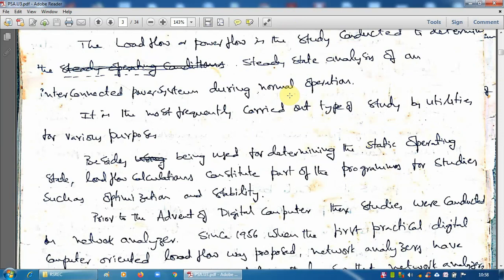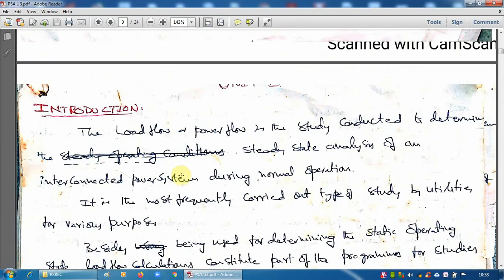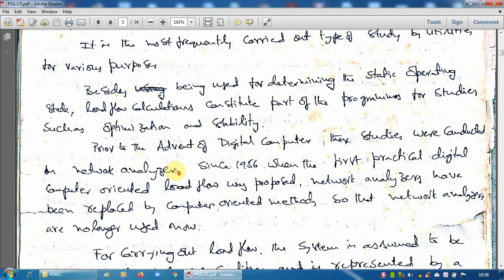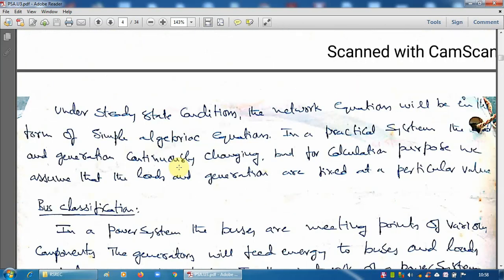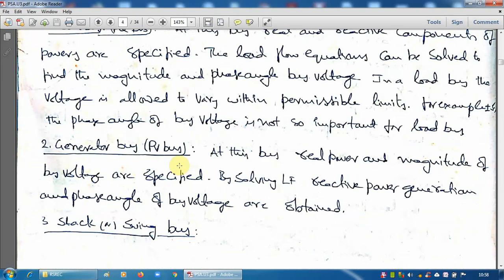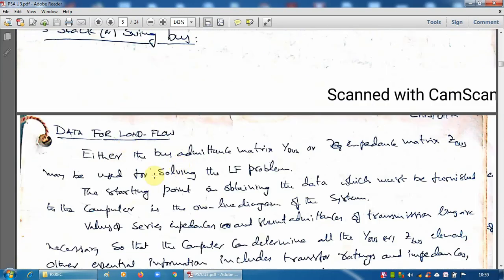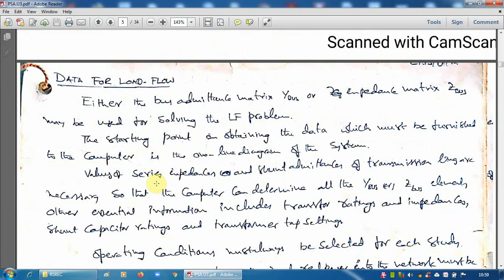Introduction is over here. Same thing is repeated here, you can check it out. I am going now directly to the data for load flow. What we are discussing now is mentioned here also, same thing.